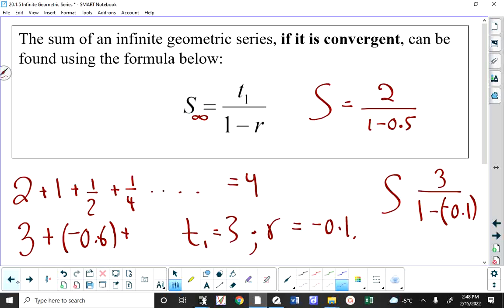No, it wasn't 0.1. It was 0.2, wasn't it? It was 0.2. My mistake. Go ahead and figure out what you get. You're going to have to go 1 minus negative 0.2 first, and then take 3 divided by that. I think you get 2.5, don't you?